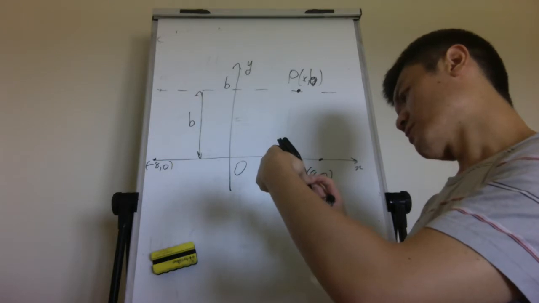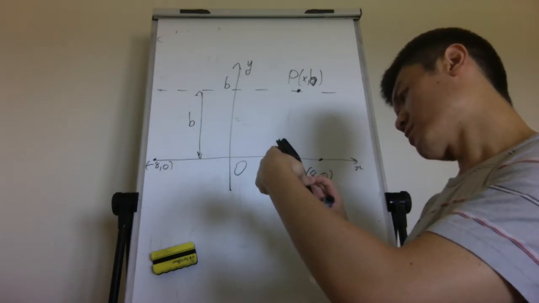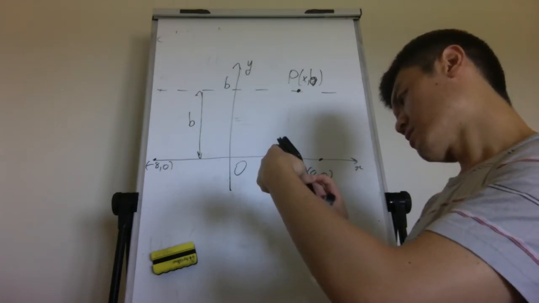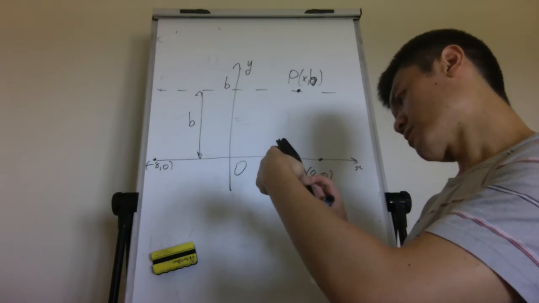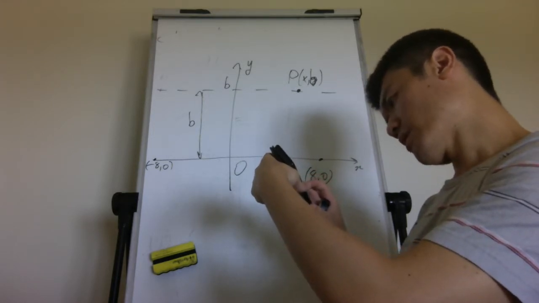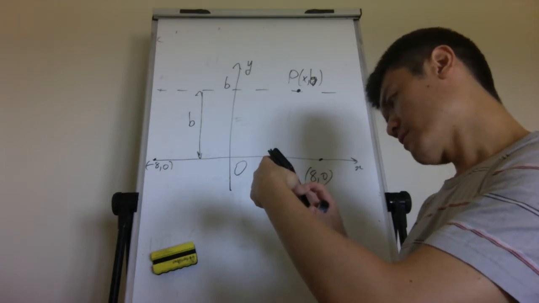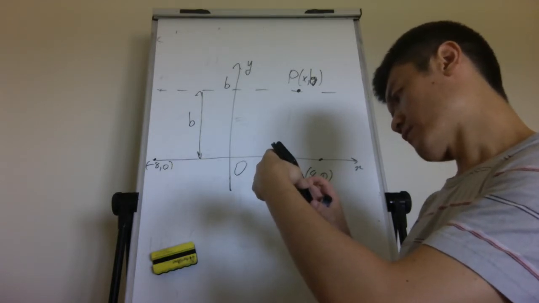It is known that the total brightness from the lights on a ship at point P is given by some funky formula.